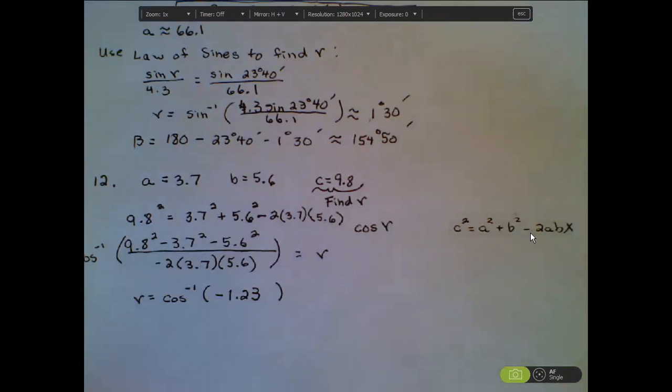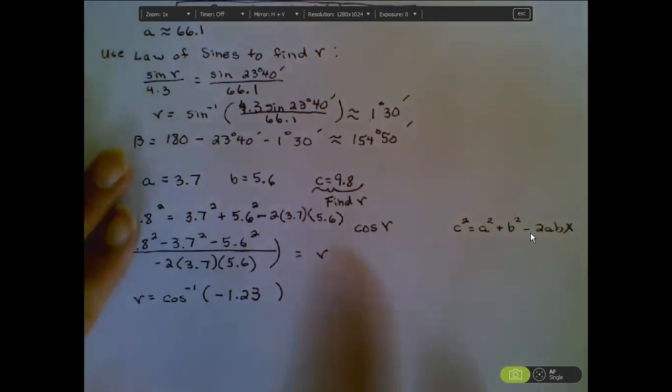What do you know about all the values of cosine? All the x values on the unit circle are between -1 and +1. There is no angle whose cosine, or whose x value, is -1.23.